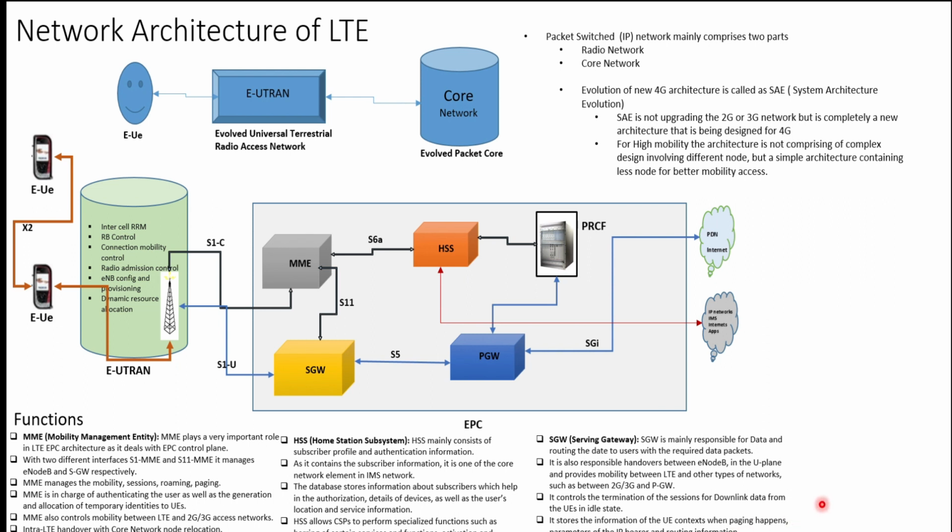It stores the UE context information when paging happens, the parameters of the IP bearer and routing information. It is also responsible for replicating user traffic for lawful interception. This is one of the major important points we need to remember, that it is responsible for replicating user traffic for lawful interception.